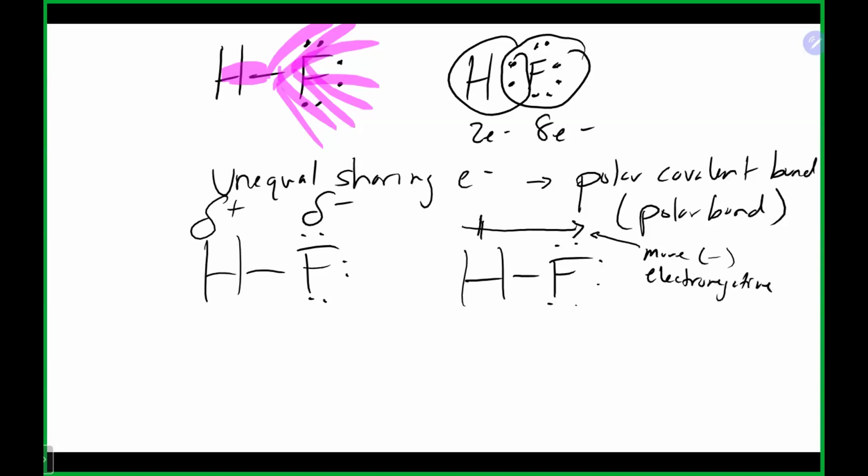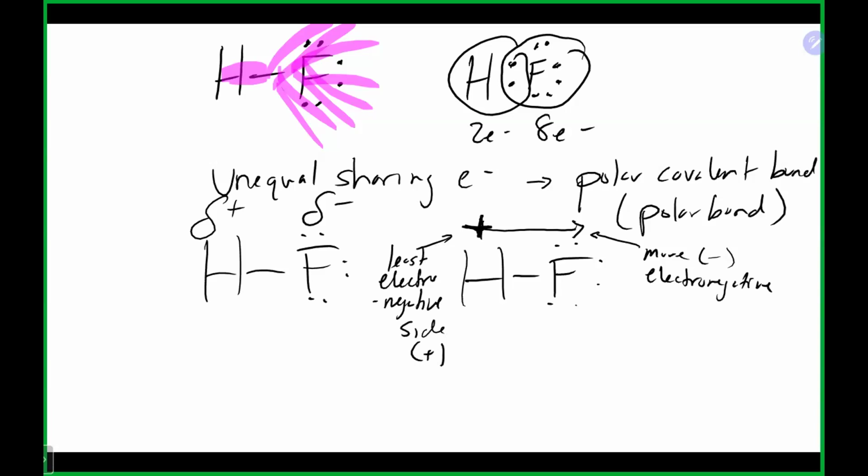And the part back here that makes a plus sign is on the least electronegative side, just the more positive side. And this is what is called a polar bond, and that is two nonmetals unequally sharing electrons.